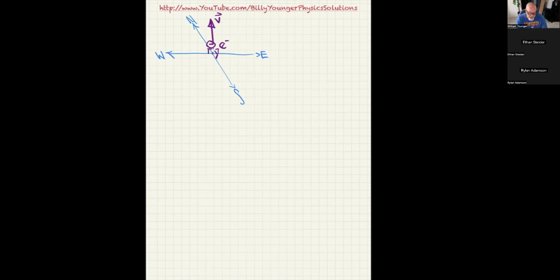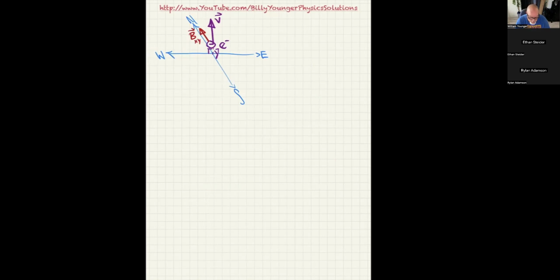So if you find that the velocity is v and the magnetic field points horizontally to the north, so let's say b sub xy, in other words, the component of b that's in the xy plane, points in the north direction.